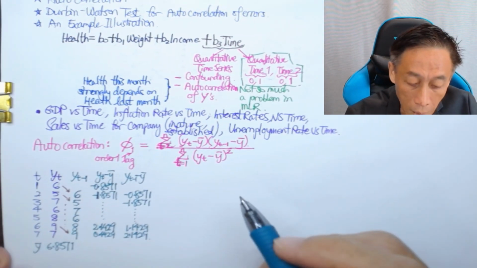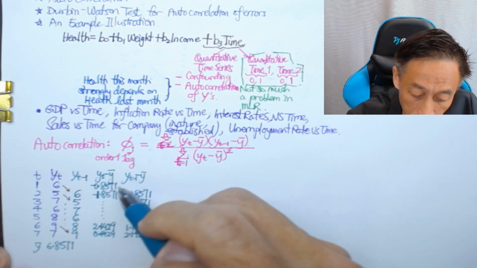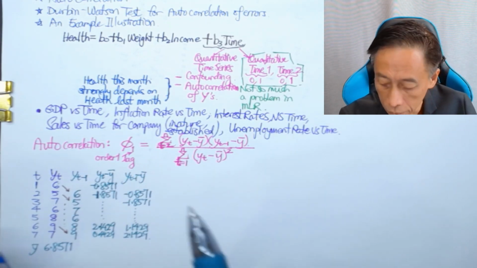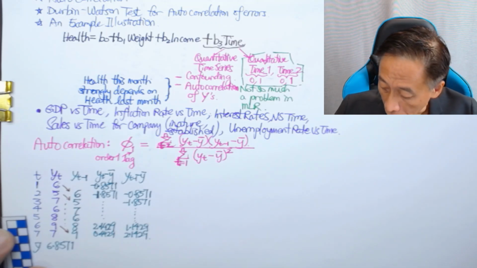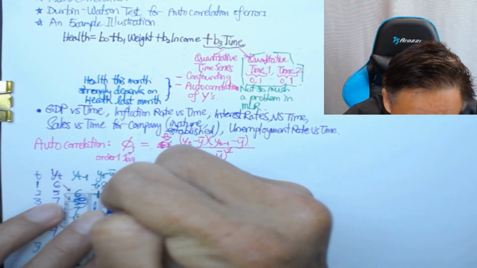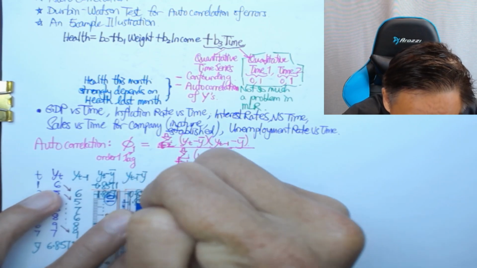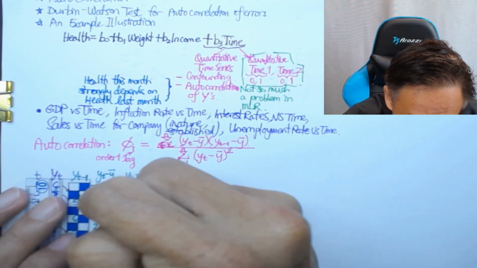All right. So now the sum product of these two columns. Which two columns? These two columns. We want to perform a sum product.